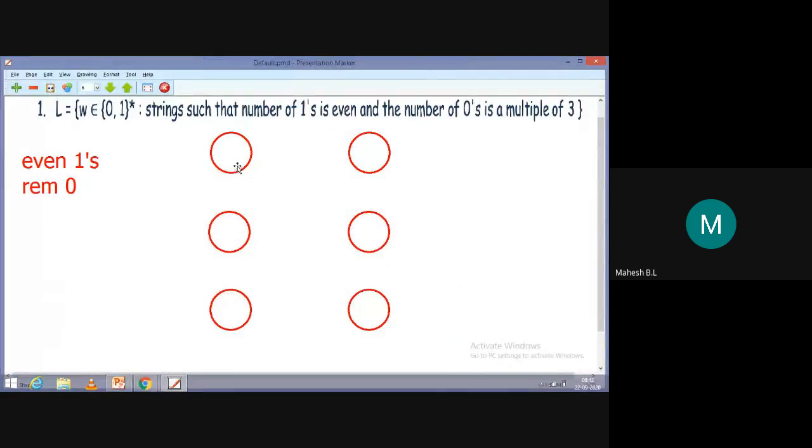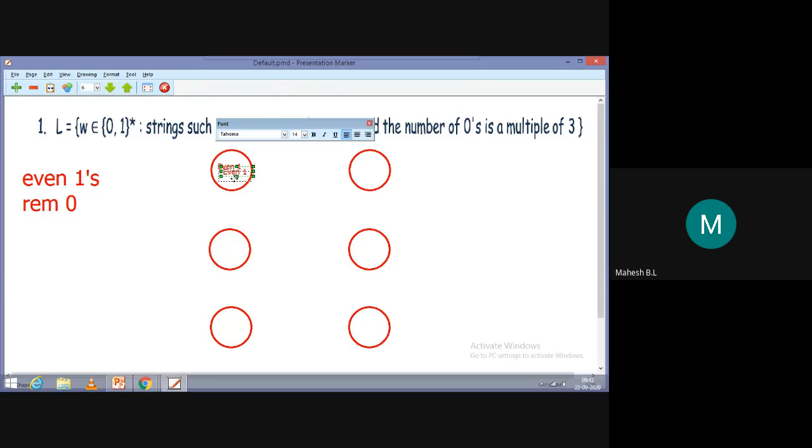So we need 6 states, representing 6 combinations with respect to the number of ones and the number of zeros.